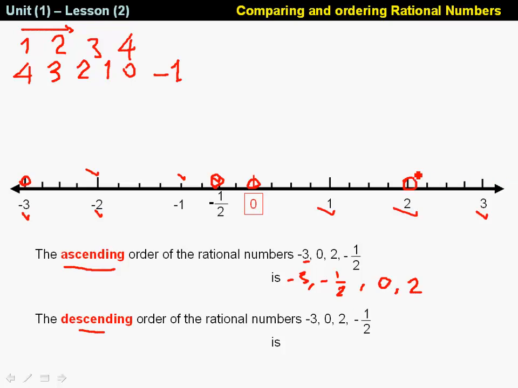So we start from 2, we write 2, then 0, then minus half, and minus 3. So this is the descending order from bigger to smaller, and this is the ascending order from smaller to bigger numbers.